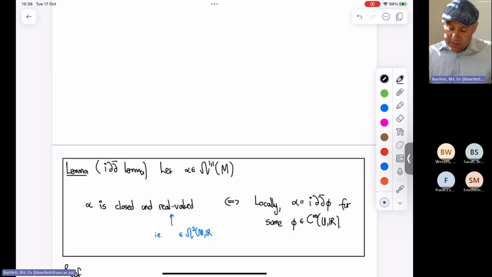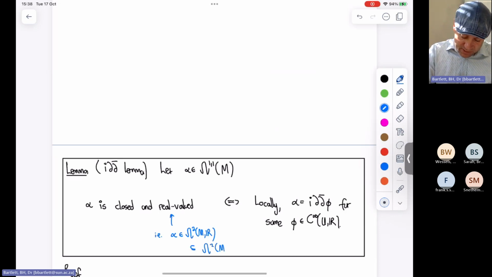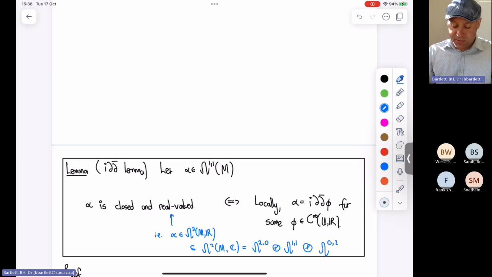So it was actually living in the 2 forms with values in R. So remember that 2 forms with values in R is obviously a subspace of 2 forms with values in C. And the 2 forms with values in C, the complexification of the 2 form space, is the space that splits up as the (2, 0) forms, the (1, 1) forms, and the (0, 2) forms.